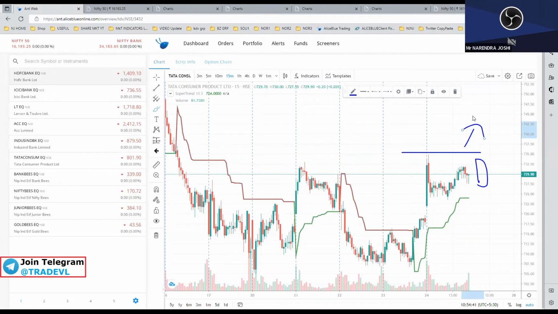3 minute time frame. So as per your requirement, as per your nature, if you want fast trade, you can reduce the time frame.